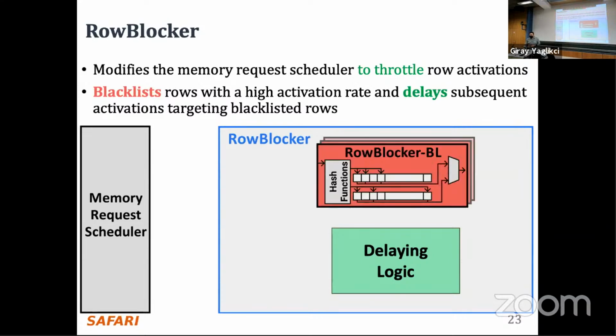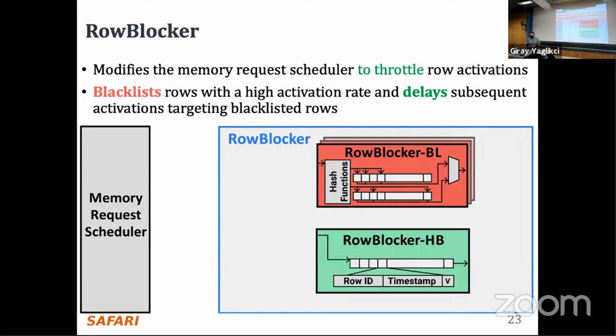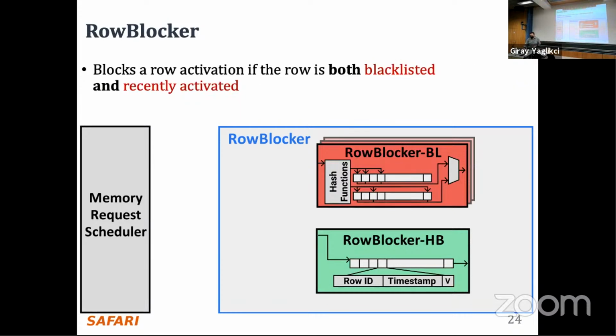We call the blacklisting logic row blocker BL, or blacklist, and the delaying logic row blocker HB. HB stands for history buffer. To throttle row activations with a high activation rate, row blocker blocks a row activation if the row is both blacklisted and recently activated. In this slide, I'll explain how row blocker operates at a high level.